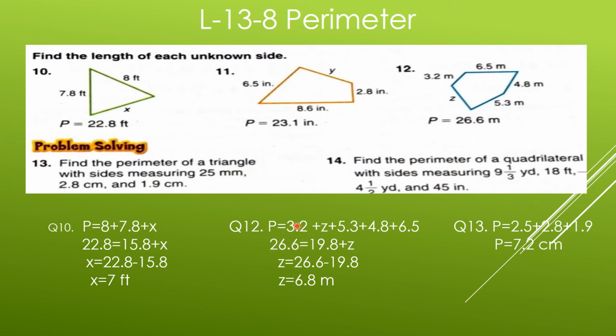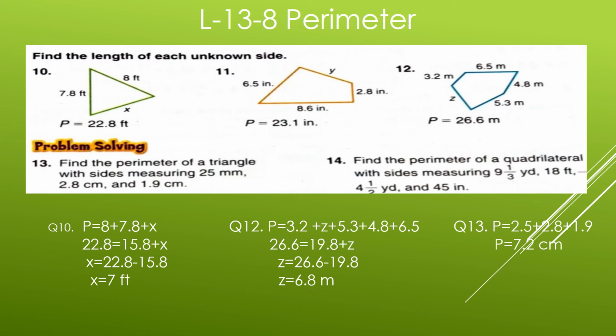And you can add these numbers 3.2, 5.3, 4.8 and 6.5. Add all numbers, what do we get? 19.8. Then what is your aim? Find Z. Again it is in equation form. How to find? Subtract both sides 19.8. What is the answer? 26.6 minus 19.8 is 6.8 meter.